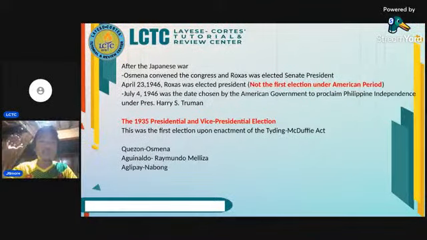Roxas became the last president of the Commonwealth and the first president of the Third Republic. The First Republic was established by Aguinaldo. The Second Republic, during the Japanese occupation, when the Philippines fell into the hands of the Japanese, it was Jose P. Laurel who became the president, and it was considered the Second Philippine Republic. And when the Philippines and the Americans won the war against the Japanese, they established back the Commonwealth, and it was Osmeña who convened the Senate.